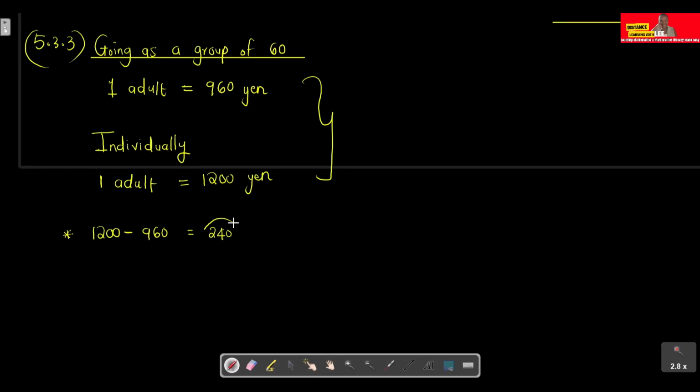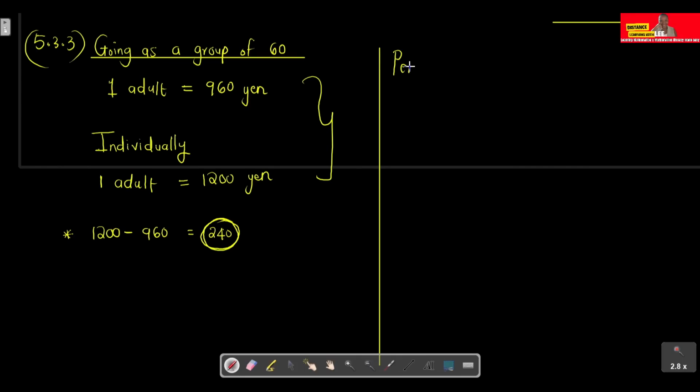So what we now want to do is determine what percentage this 240 is when you compare it to the total price if you decide to go individually. When you're calculating percentage discount, I'm just going to do it on this side.